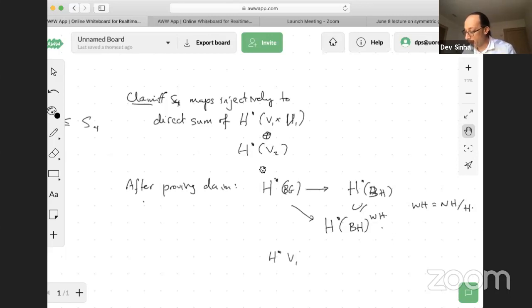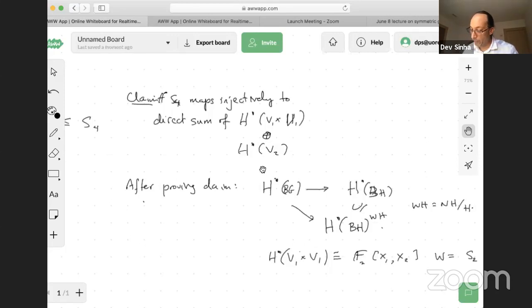Now, the cohomology of both of these groups is just a polynomial algebra on 2 letters. But the first Weyl group is just going to be S2. You're looking for the external automorphisms, and those 2 factors of V1, I can interchange them.